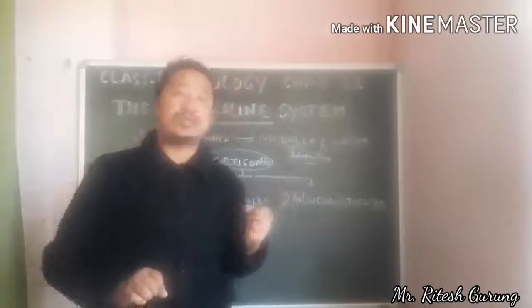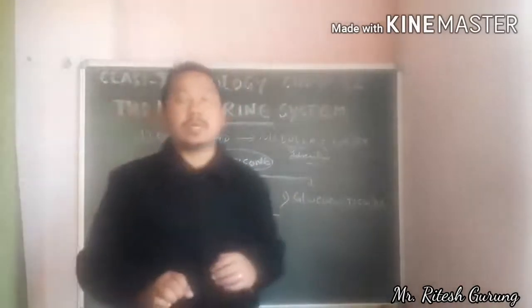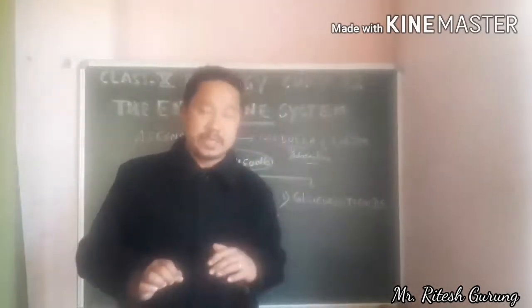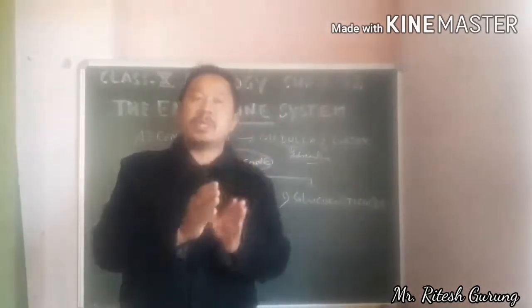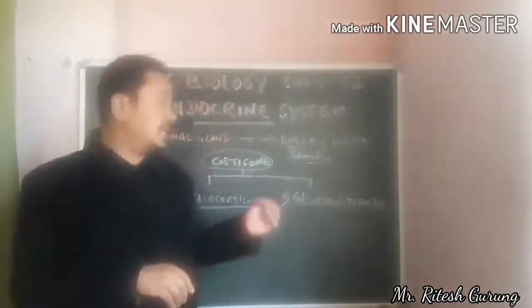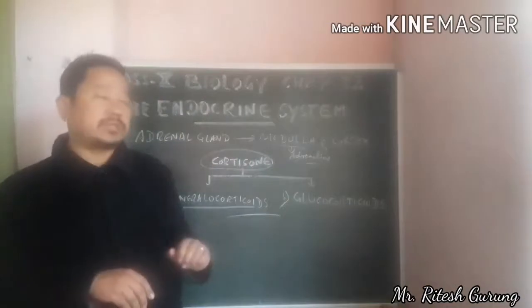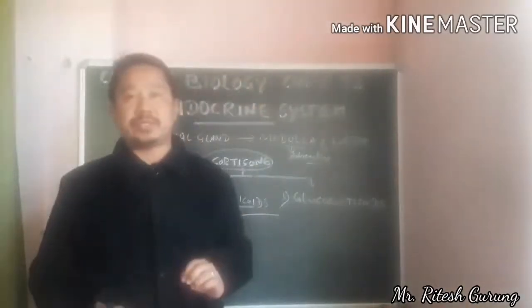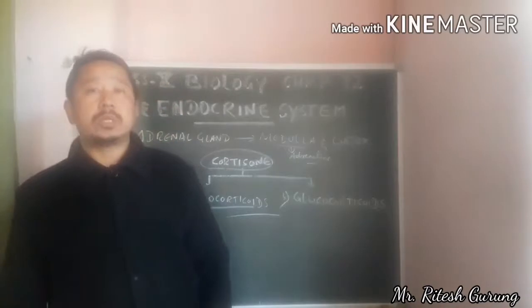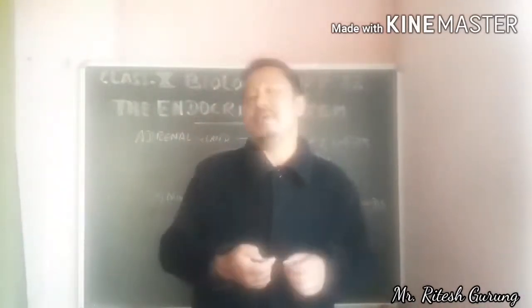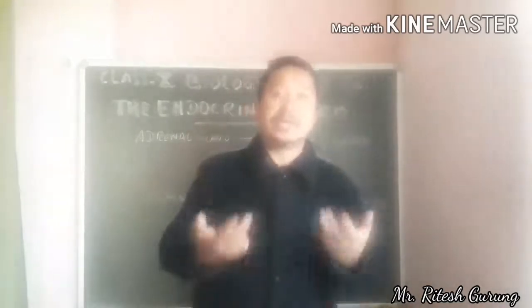Similarly, these cortical hormones regulate salt and water balance in the body. Salt is needed in the body, and how much of it is to be there is also balanced by this hormone. Also, these cortical hormones in general adapt the body to a number of stresses such as extreme cold, extreme heat, burns, and a number of infections. That way they support our body.